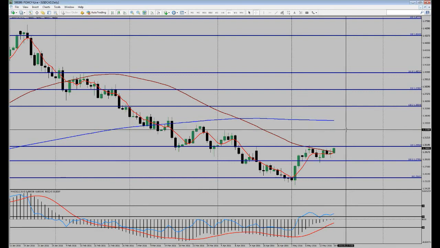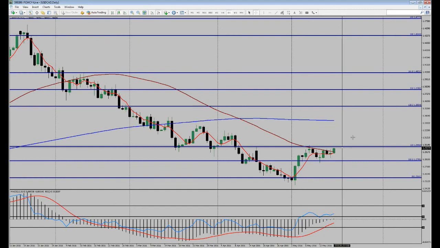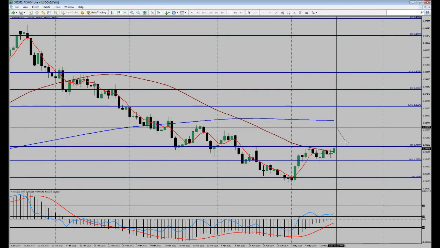I know 1.33 sounds funny to many people, but quite often these repeating numbers also act as a psychological resistance level for some funny reason. So we could expect the pair to rise now, and then from 1.33 level I would be cautious about my long opportunities.